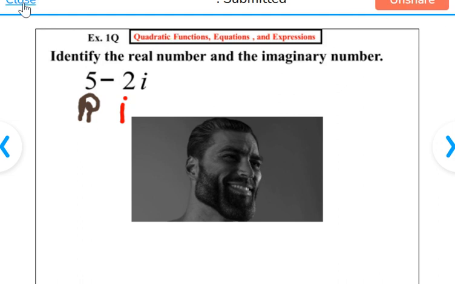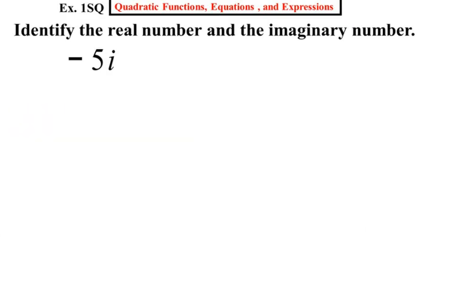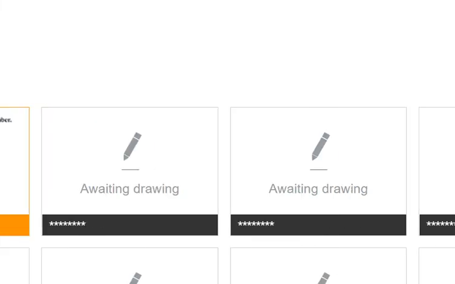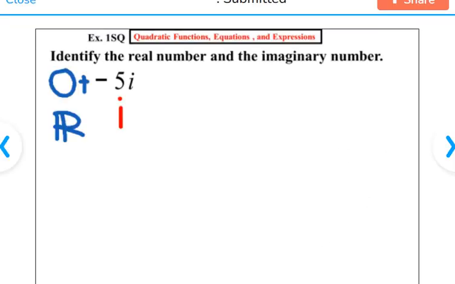There it is. All right, here goes a tricky one. Let's see how you do with that one. Label the real and the imaginary. Go. All right, looks like we got the correct answer on the screen. There it is. Double check your work.